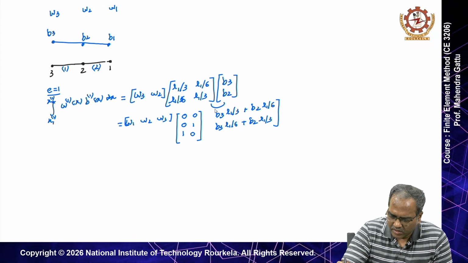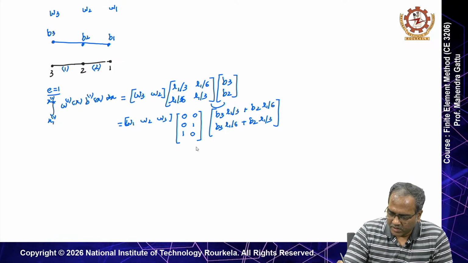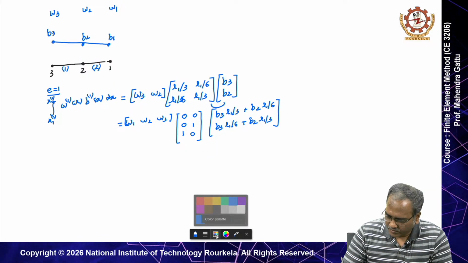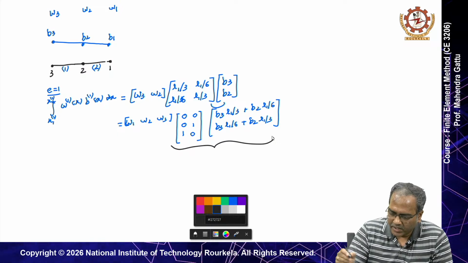So we can multiply it or keep it as it is. This is our scatter operation, and now we will multiply these two terms and see what happens.